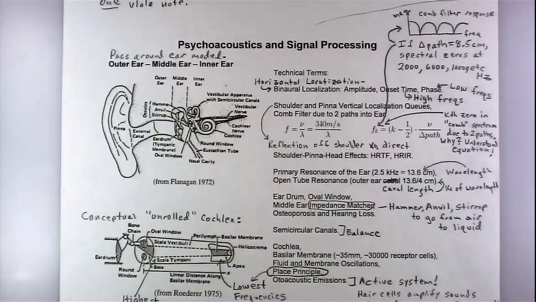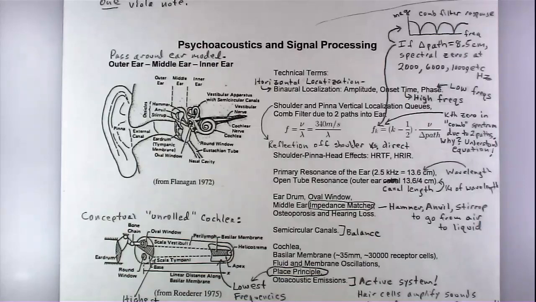For lower frequencies, the reflection off of your shoulder is really important. For higher frequencies, bouncing off your pinna is important, the secondary path. But let's talk about the shoulder. If you have a sound that's up there, the two primary paths to your ear are the direct path into your ear, and then a slightly longer path, which bounces off your shoulder and then goes in your ear.